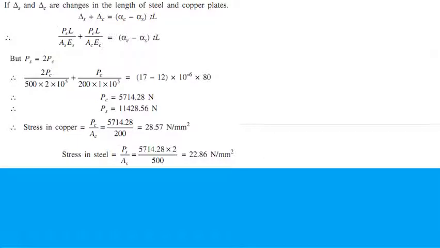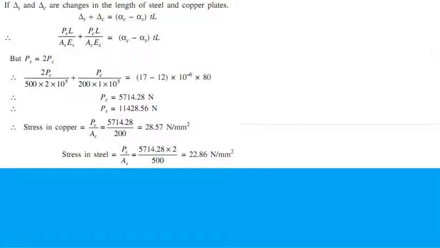But we know that PS is equal to 2 times PC, that is, the load on steel is equal to 2 times the load on the copper plates. After substituting this relation in the above equation, in place of PS we can write 2 times PC divided by AS, whose value is 500, into Young's modulus of the steel, 2 into 10 power 5, plus PC divided by, so here L gets cancelled. From the left hand side and right hand side we can cancel the length.